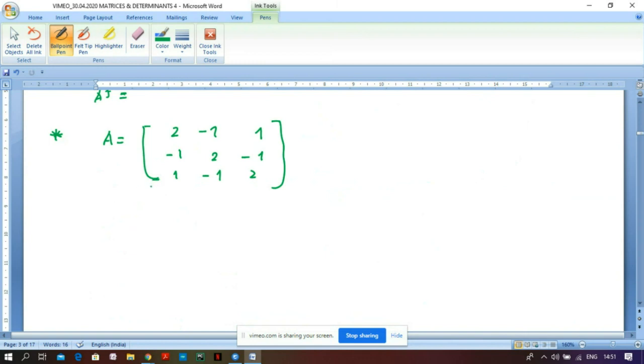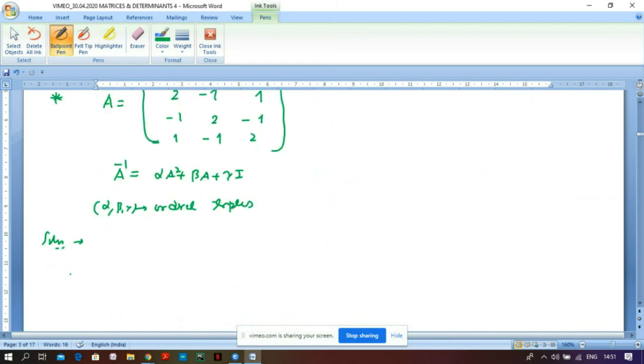You are being asked: if A inverse is alpha times A squared plus beta times A plus gamma times I, then find the ordered triple alpha, beta, gamma.